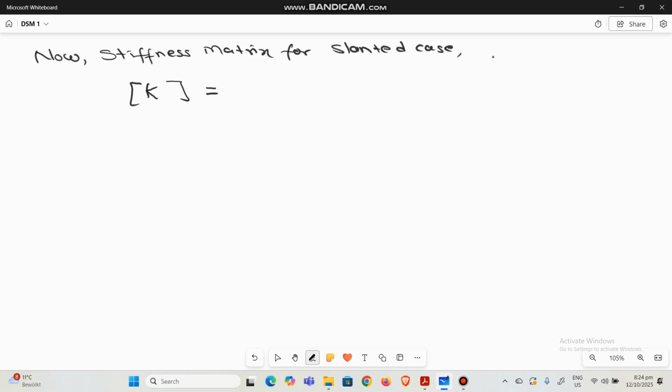So this is the global stiffness matrix, and then you just use the transformation matrix, its transpose, and then Ke, which is the elemental stiffness in local coordinate, Ae by L, 1 minus 1 minus 1, 0, the thing that we did earlier. And then again the transformation matrix.